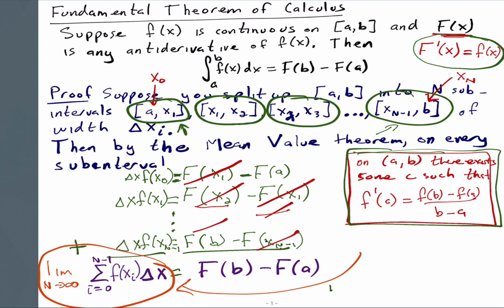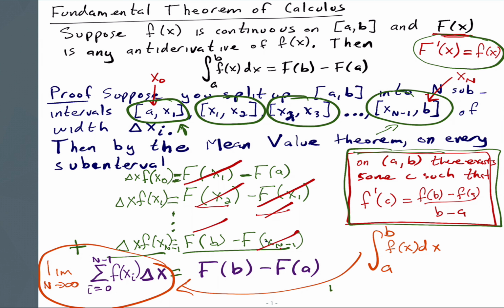That is exactly equal to the limit as n goes to infinity of the sum from 0 to n minus 1 of f of x sub i delta x. Isn't that exactly equal to the integral from a to b of f of x dx?